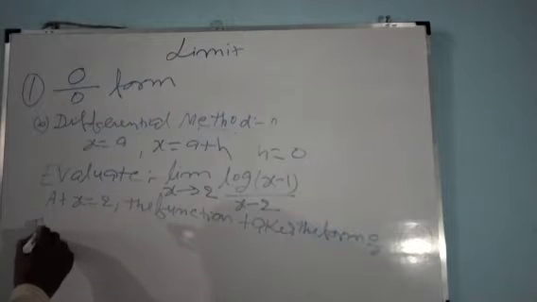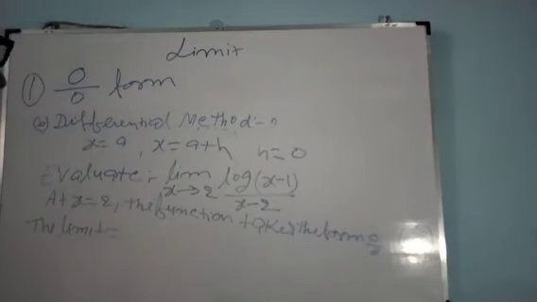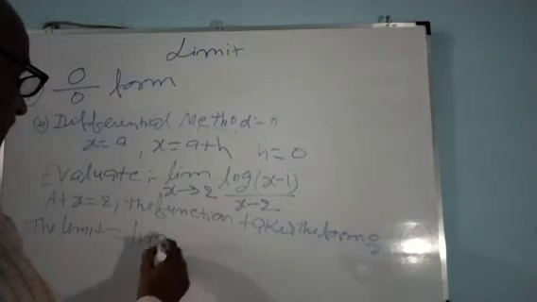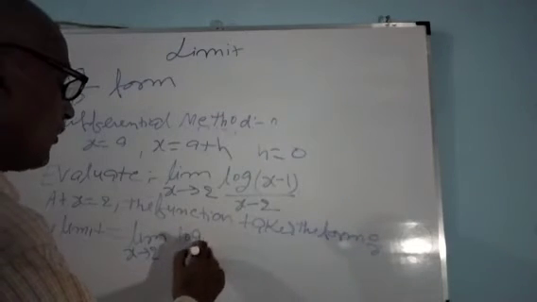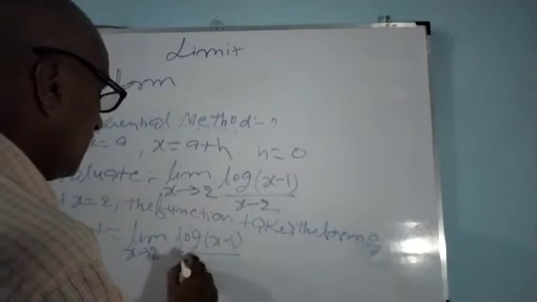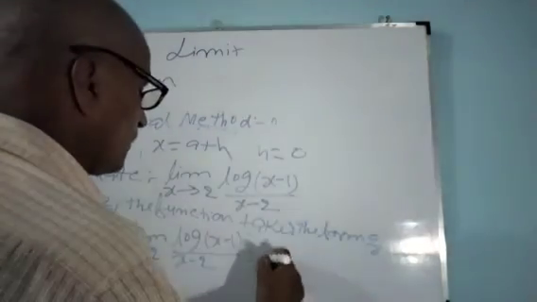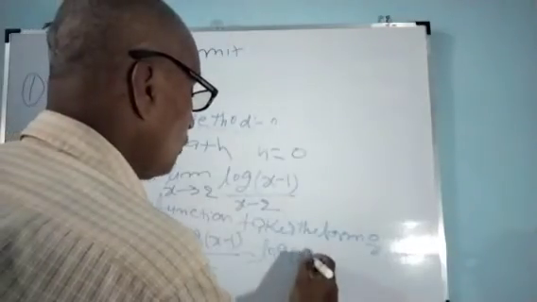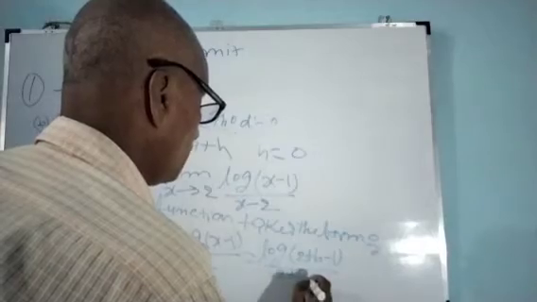Then the limit x tends to 2 of log x minus 1 by x minus 2 is equal to limit h tends to 0 of log (2 plus h minus 1) by (2 plus h minus 2).